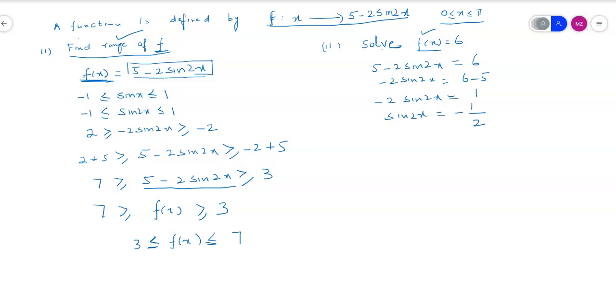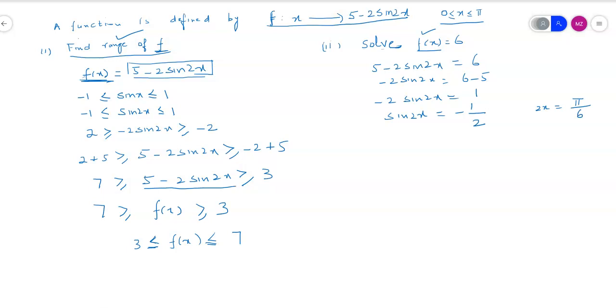Now we know that the basic angle for sine equal to 1 over 2 is pi over 6. Here the angle is not x, it's 2x, but the basic angle is pi over 6.